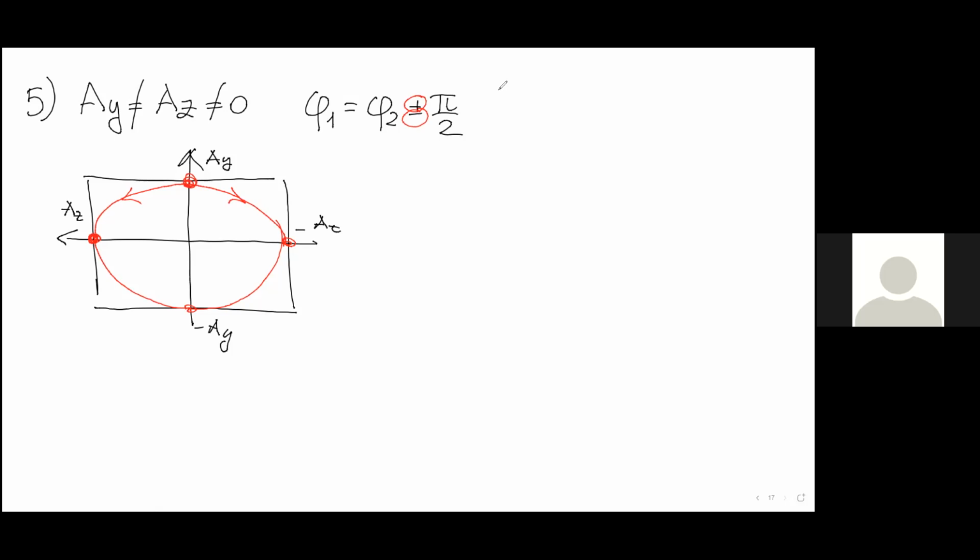Okay? This case is named canonical elliptical polarization. Why canonical?